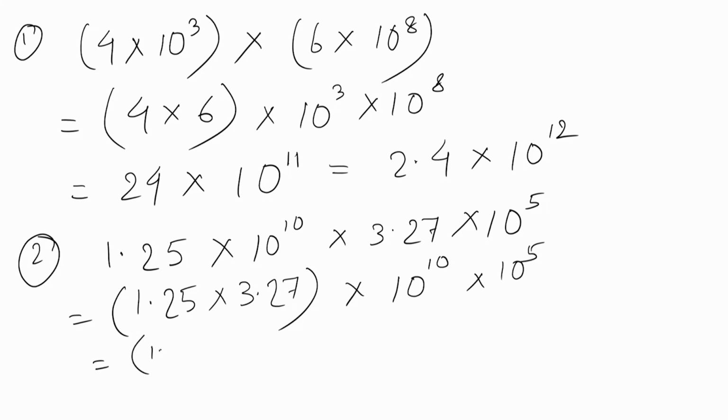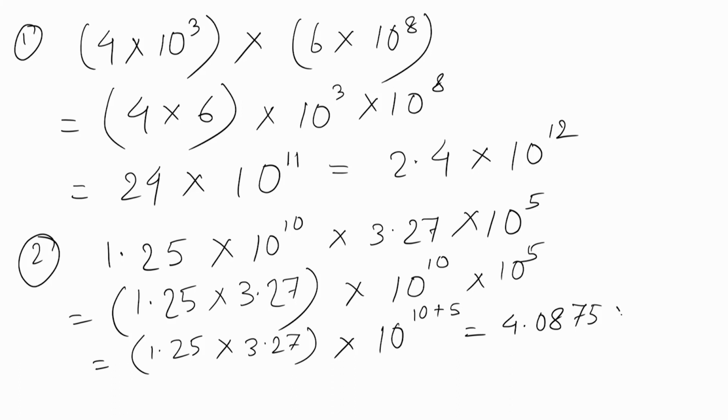So we will have this part into, so 10 plus 5, right? So 10 to the power 10 plus 5, or we can say this comes as 4.0875 into 10 to the power 15.